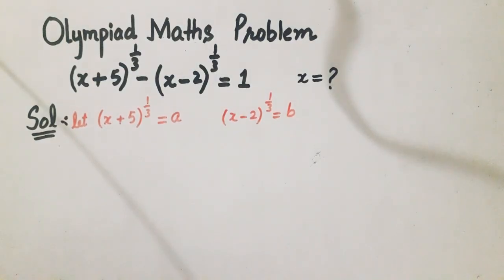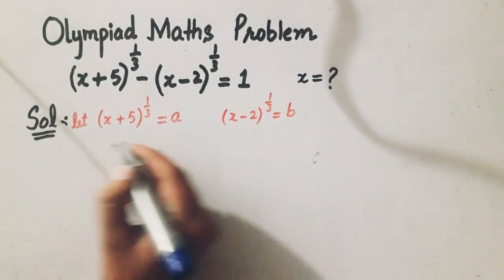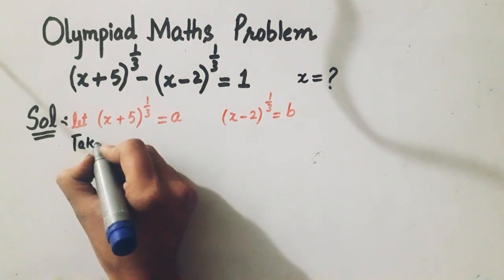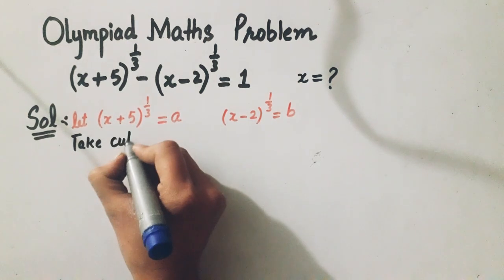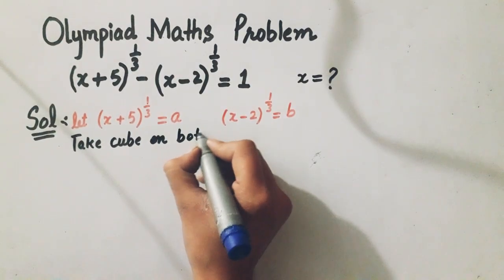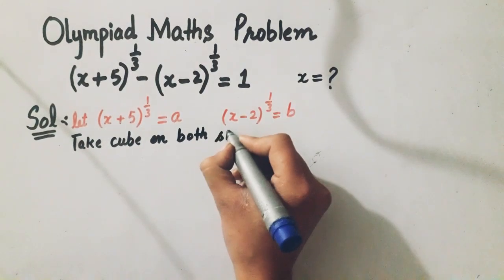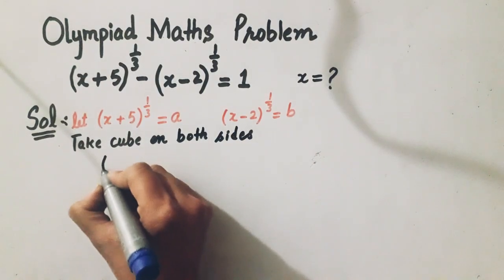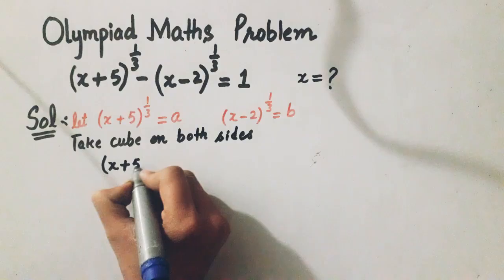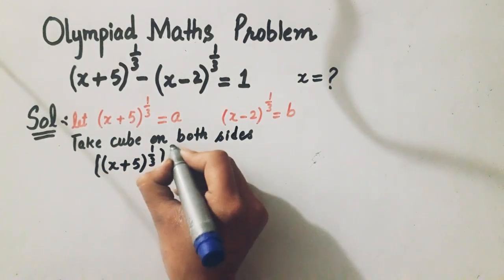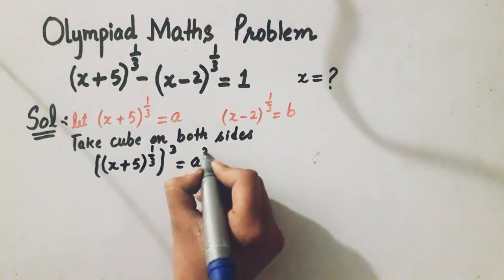Now after this we take cube on both sides. So you will get (x plus 5) power 1 by 3 whole cube equals a cube.